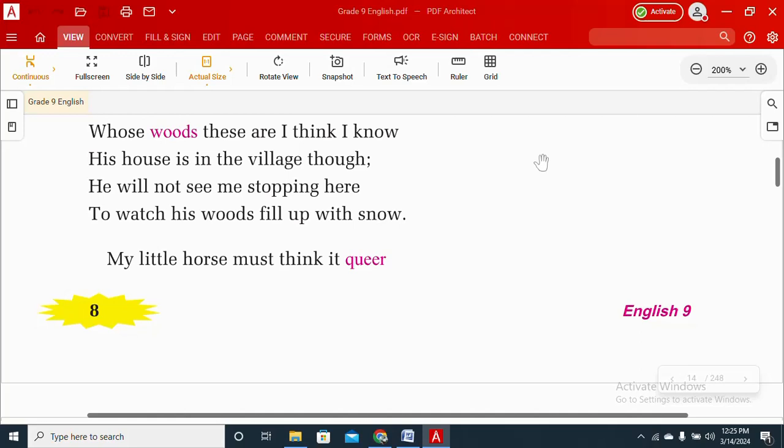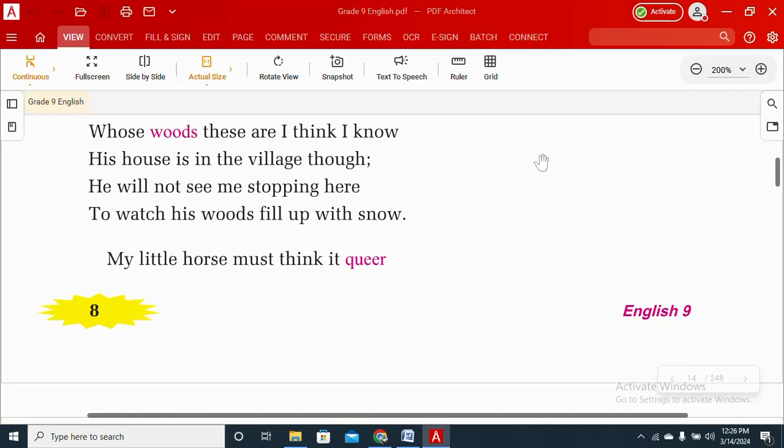He's enjoying his moment in solitude, in loneliness, a bit relaxed and comfortable, thinking that the owner cannot see him, immersed in the beauty of his snow-covered woods.